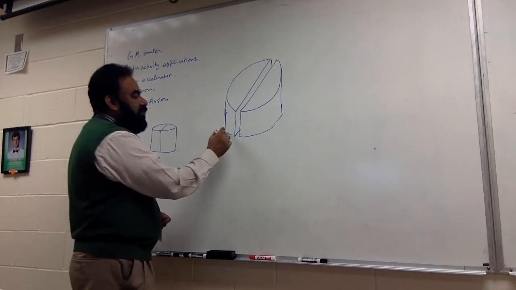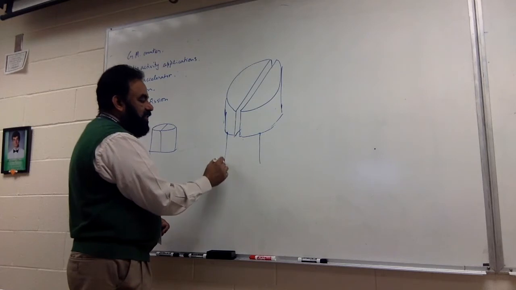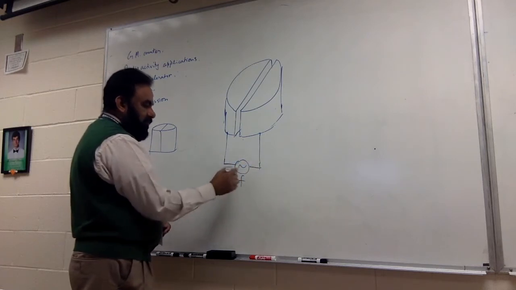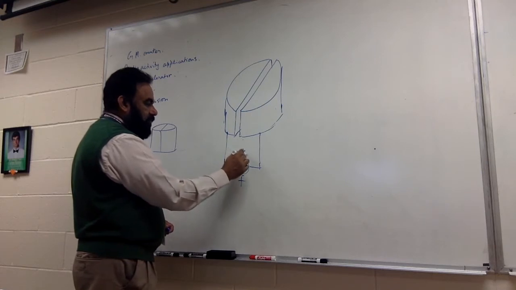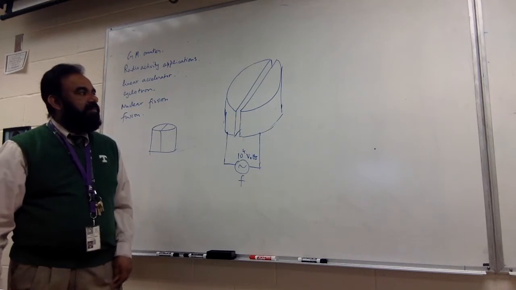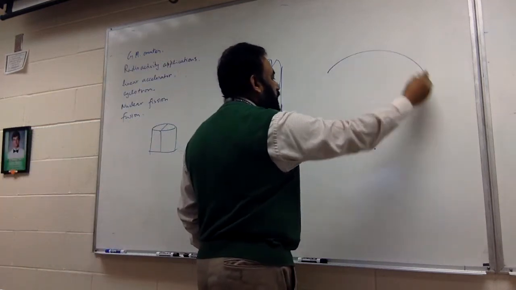And these two cylinders, I'll call them Ds. The two Ds are connected to an alternating voltage, a high frequency alternating voltage. Now, drawing the same thing from above, it's like this.